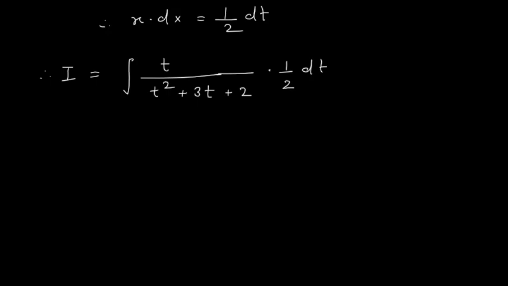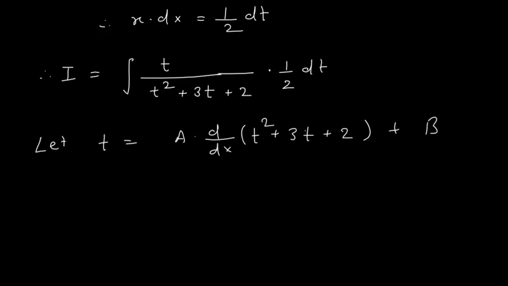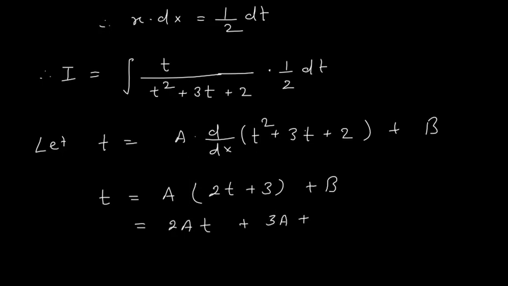Let t be equal to a times d upon dt of (t square plus 3t plus 2), plus b. So t will be equal to a into the derivative of the denominator, 2t plus 3, plus b. Now I will expand, I will get 2a times t plus 3a plus b.